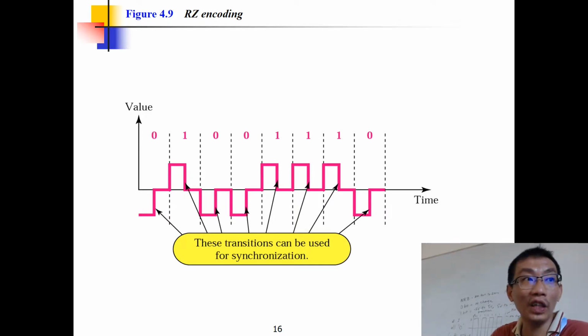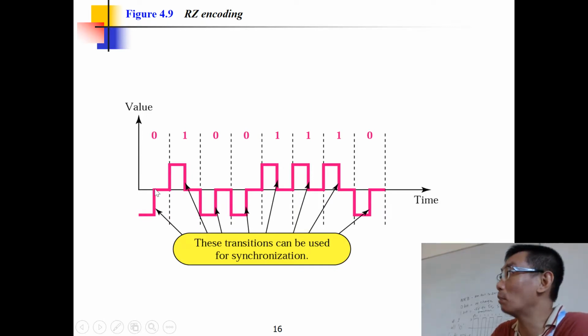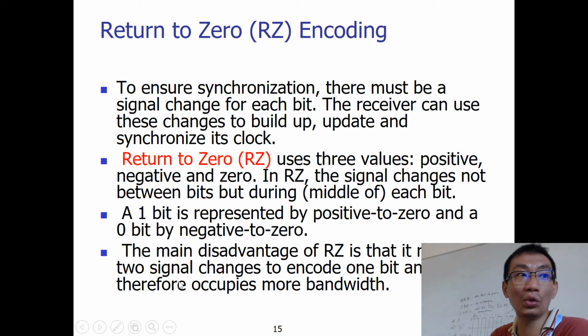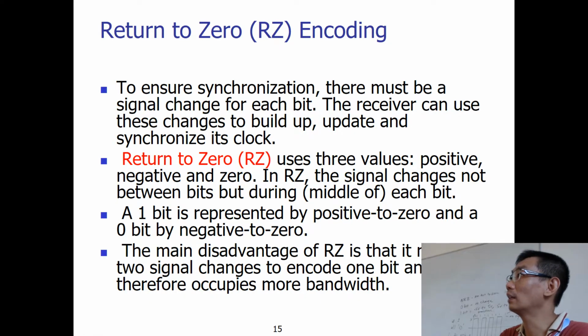Your bandwidth is 20 megahertz, but your effective throughput is just 10. So you can see, it requires 2 signal changes to encode 1 bit. That means that you use twice the bandwidth. Alright? So this is line coding.